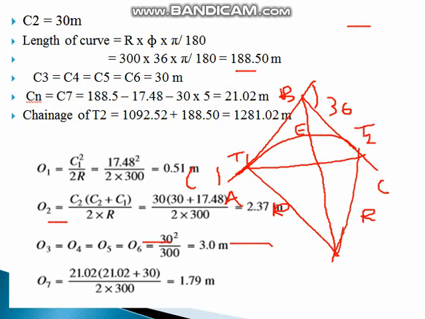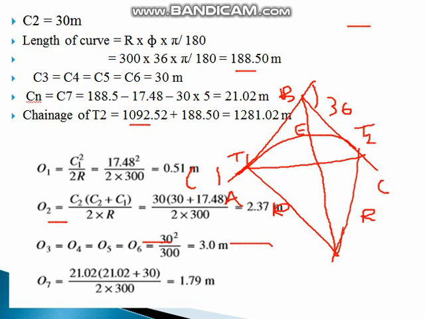So this is the chainage of T1, 1092.52, and this is the chainage of T2, 1281. In between, 30 meter chainages are placed, so you have to find out how much total curve is set.